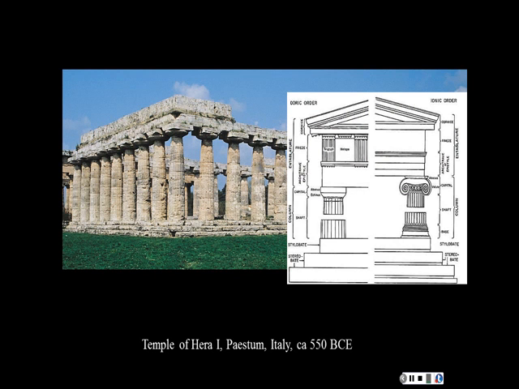Okay, and so you can see one of the most obvious differences between these two styles is the capital, which is this section of the temple. The column consists of the shaft and then the capital up above.